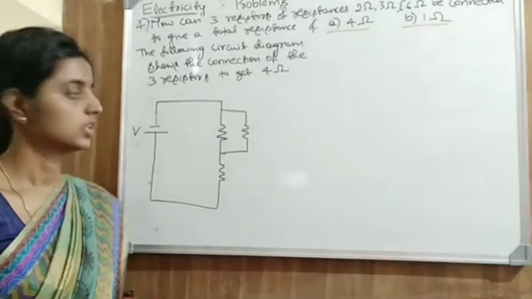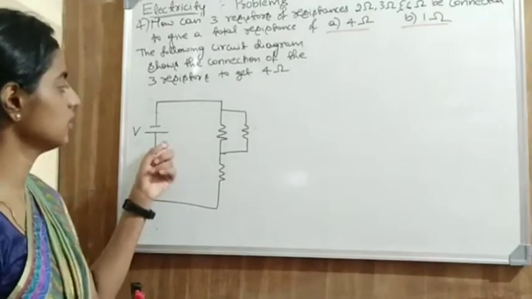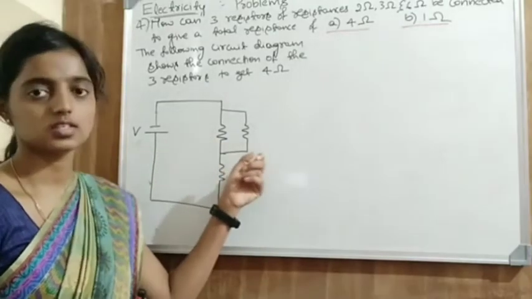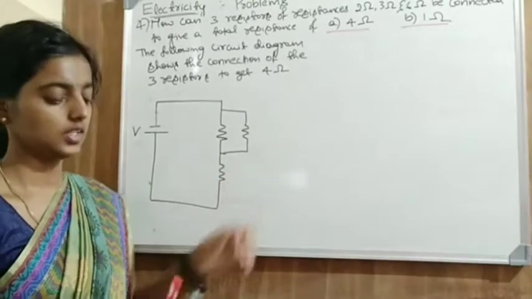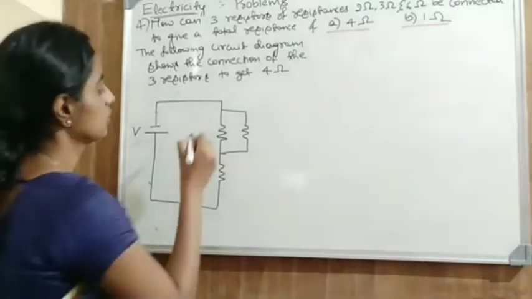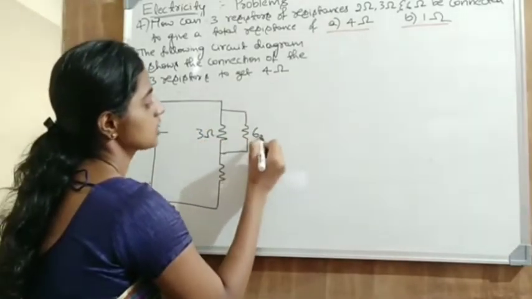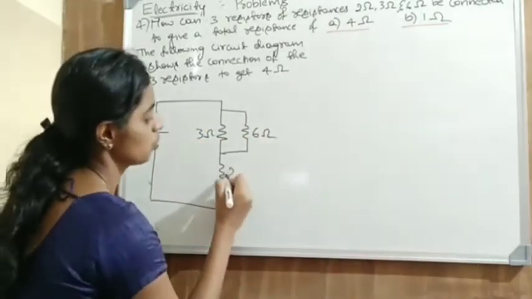This is our circuit diagram. We have a cell and we have two resistors connected in parallel. Let it be 3 ohm and 6 ohm, and another one is 2 ohm.